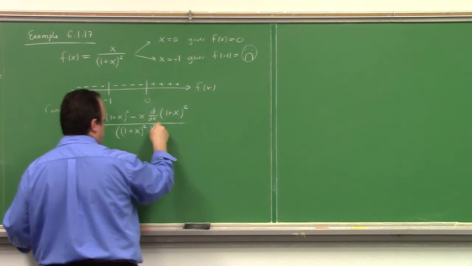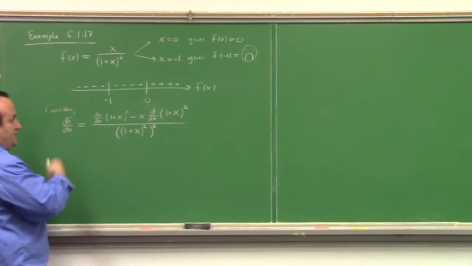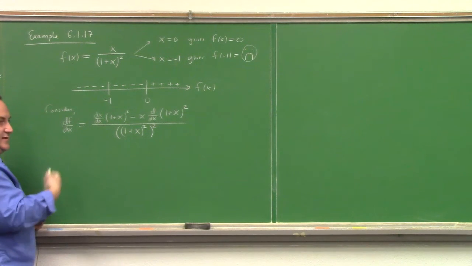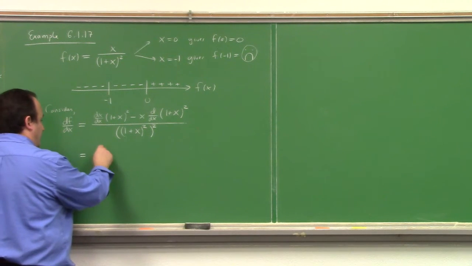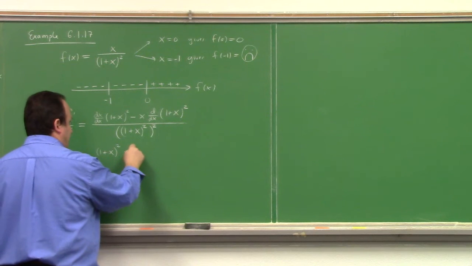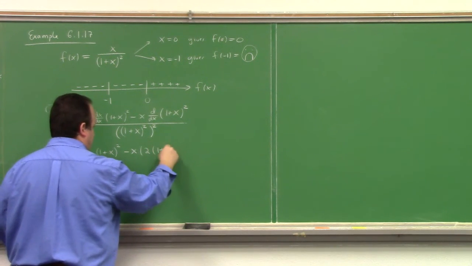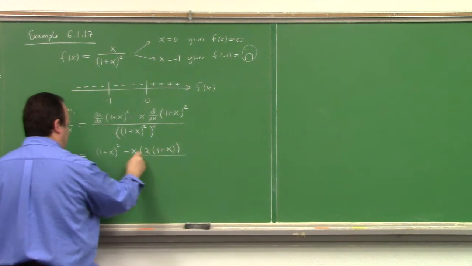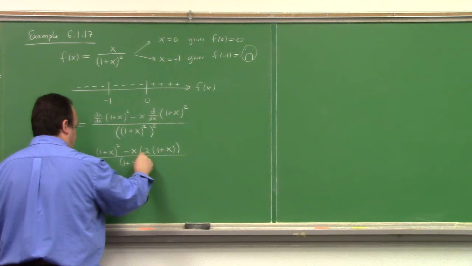That's the quotient rule. It just so happens the denominator already has a square on it, so we end up with a fourth power in the denominator after the rule. So we've got (1 plus x) squared minus x times 2 times (1 plus x), all divided by (1 plus x) to the fourth power.